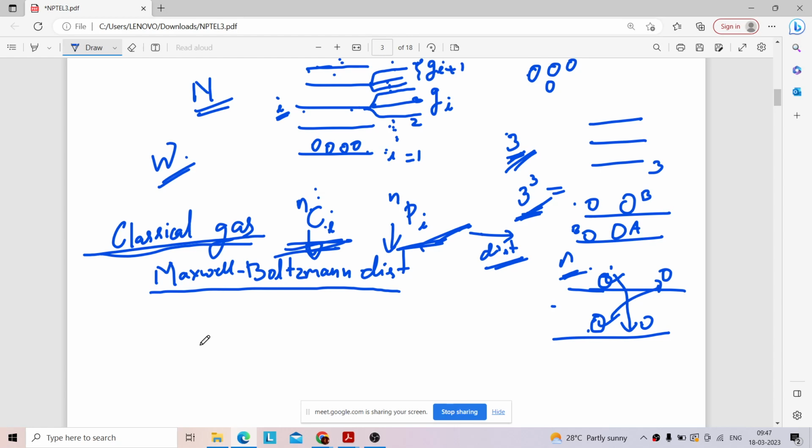So we will see what the formula is for this kind of gas to calculate the number of microstates.